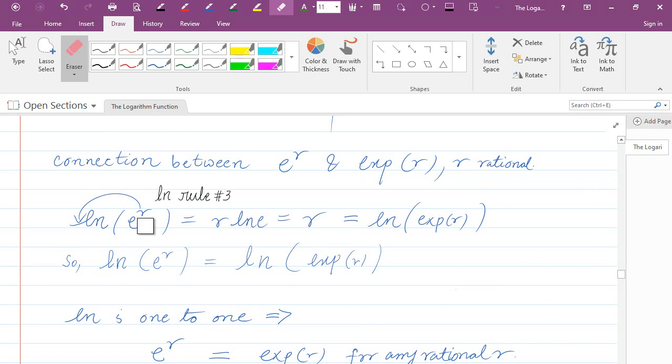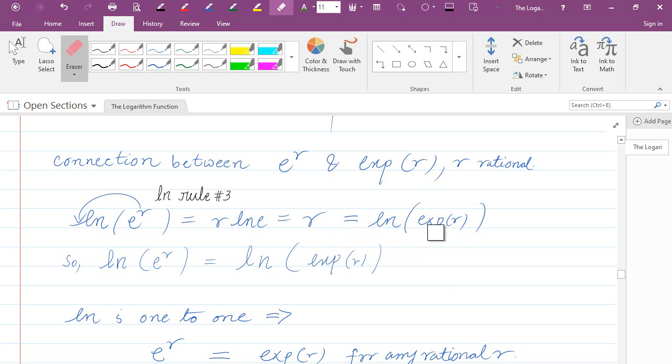So let's say r is a rational number. Then ln of e to the r, using rule number 3 for the logarithm function, is equal to r times ln of e, and ln of e is 1, so we get r. We also know that ln of the exponential function evaluated at r is also r, because ln and exp are inverses.